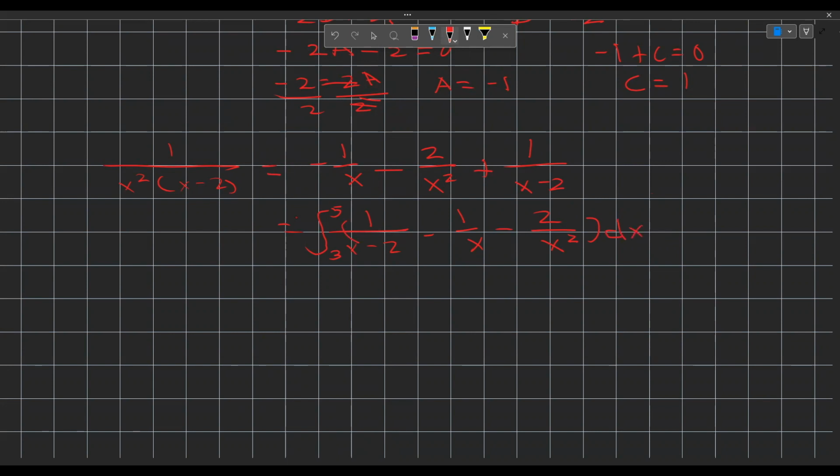And now that we used the partial fraction decomposition, it will become much easier to solve for its value. Now, for the first term, we can easily discern that this is just the integral of du over u, which is equal to ln u plus c.